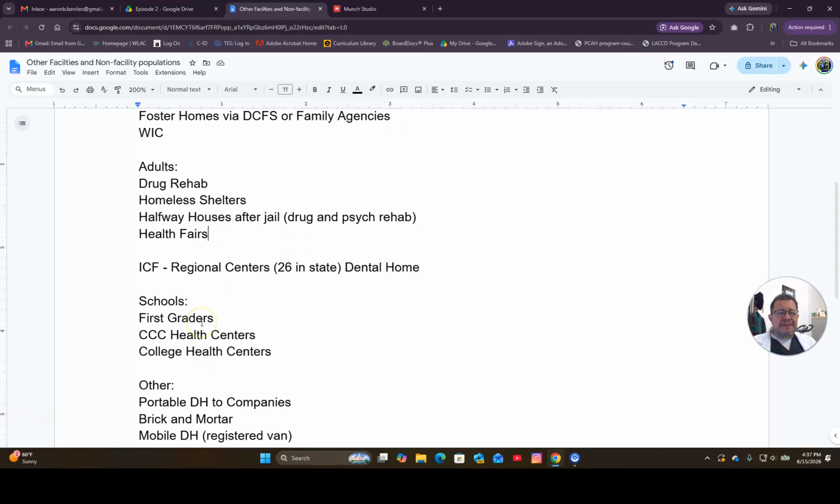Okay. ICFs, Intermediate Care Facilities. Now, I put this completely separate. Okay, notice how it's completely separate.